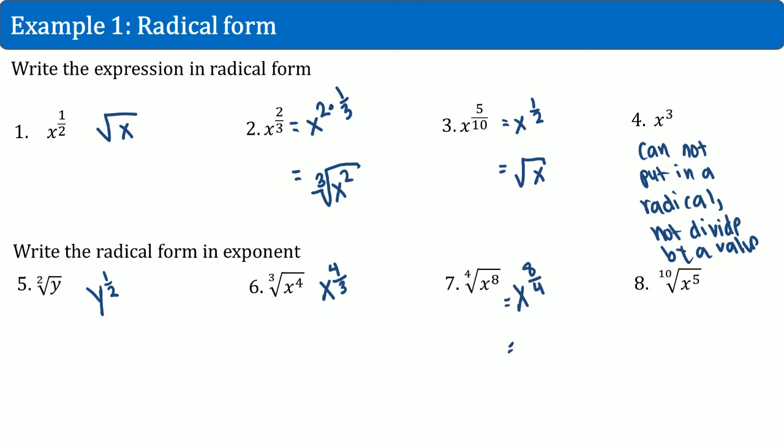This can be reduced down to x to the 2, since 8/4 is just 2. Next, x to the 5 divided by 10, which can be broken down into x to the 1/2. You can write it like that. That's all you need to be able to do to convert from the radical to the exponent.